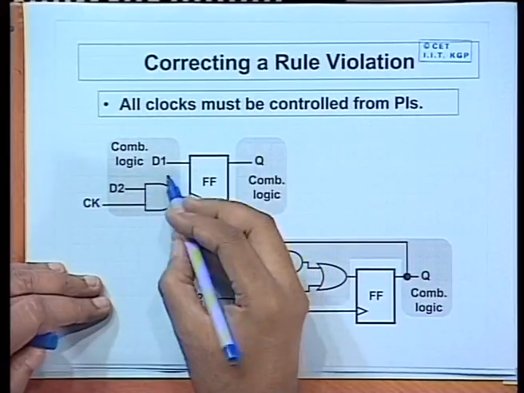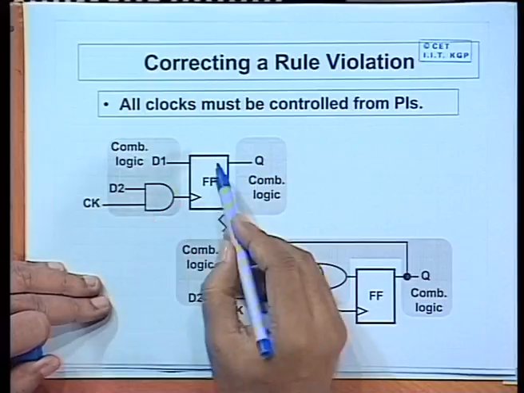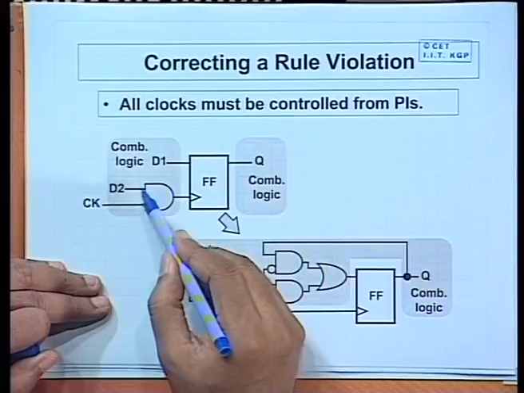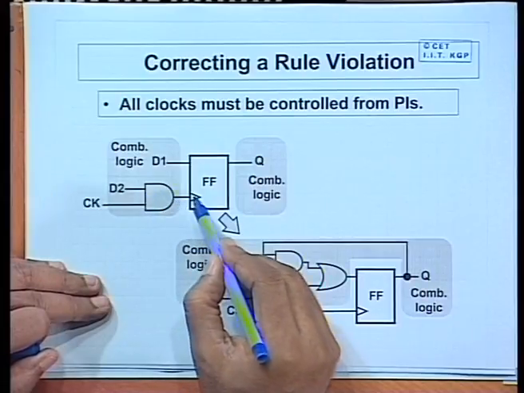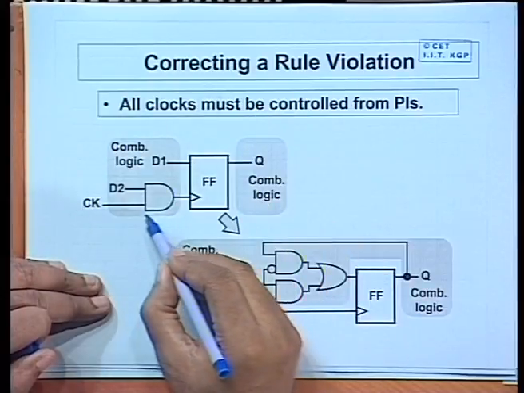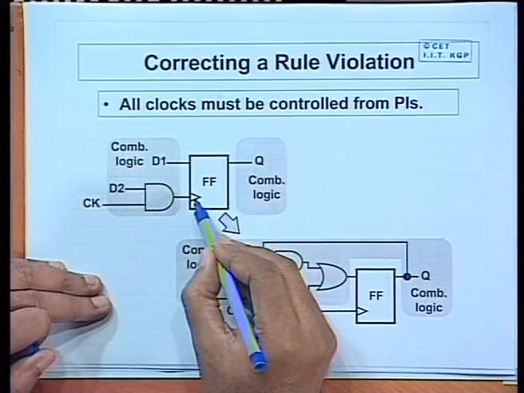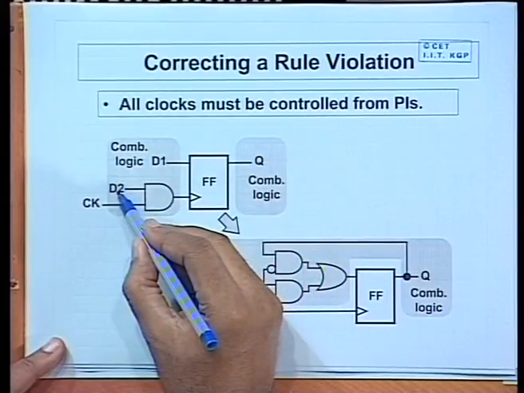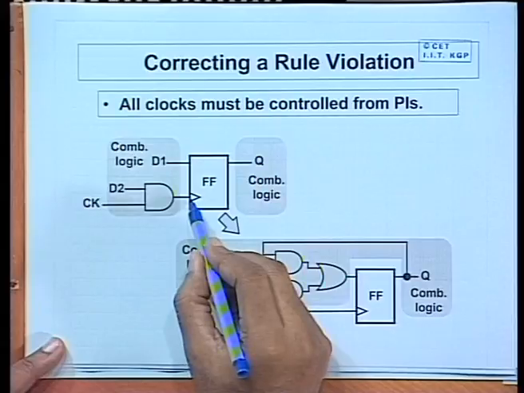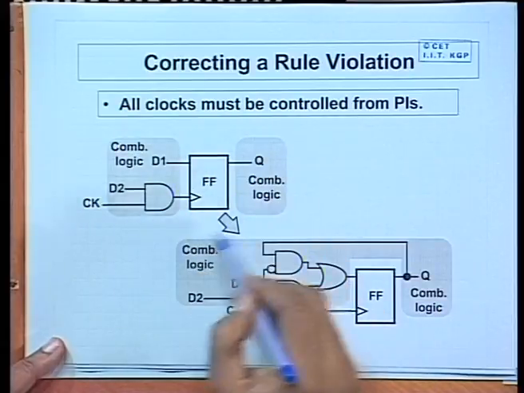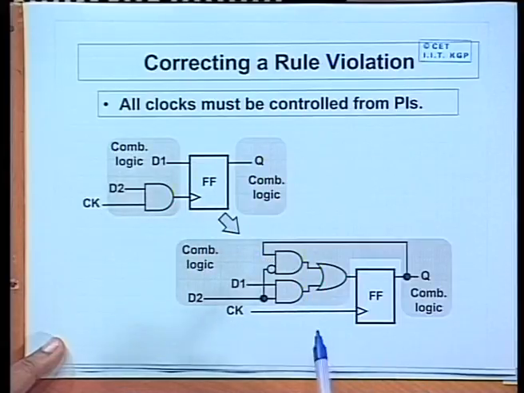That means here you had a gated clock. This is a flip flop with a clock, and some other data D2 coming from somewhere; they were ANDed and then the clock was generated. But the rule says the clock should come directly to the gate inputs. This design means that if D2 is 0, the clock will not come and the flip flop will retain its state. So I can modify this circuit like this in order to eliminate this design rule violation.